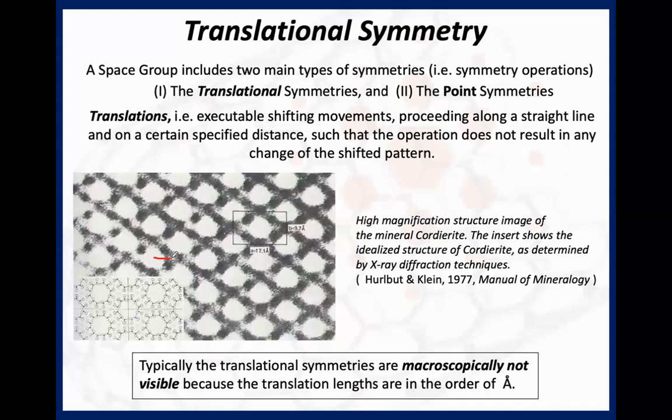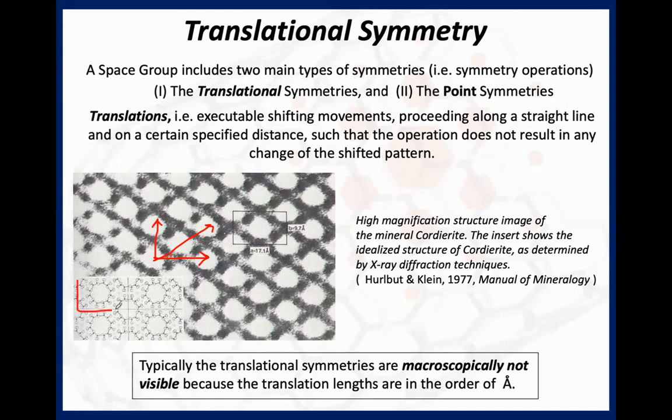This repetitive unit, if you translate it some distance in a direction, for example like this, can still preserve the repetition. It does not change the shape of the unit cell.